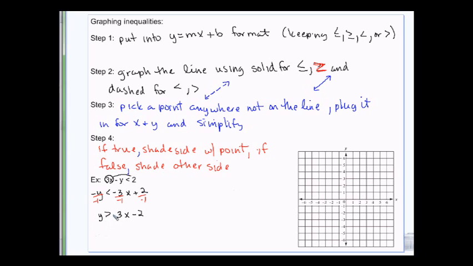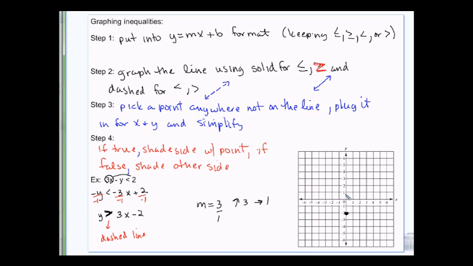Now that I've got that, I'm going to graph this line. Because I'm just greater than, it's going to be a dashed line. So I put my point at -2, and my slope is 3. So I'm going to go up 3 and over 1, because 3 is the same as 3 over 1.